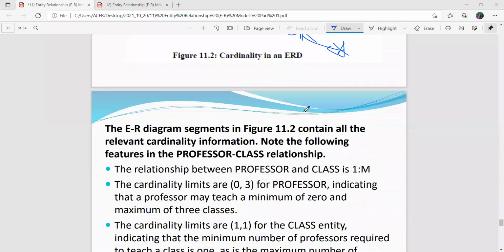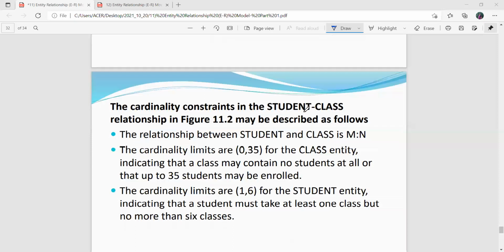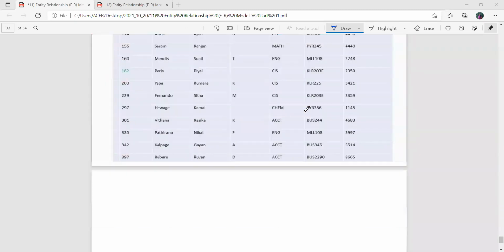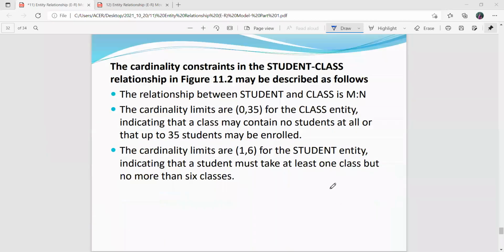Okay, let's take another one. This is the database, and this is available in your book also.